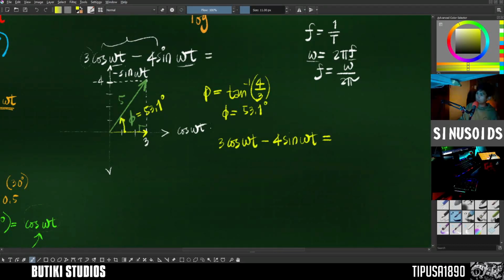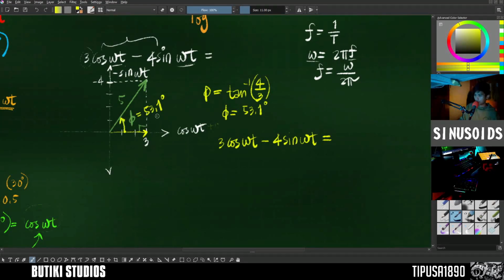It has no phase angle because it lies on the axis. The same goes for the 4, 4 sine omega t, which has no angle because it lies on the axis. But this time, this one has a phase shift angle, which is 53.1.